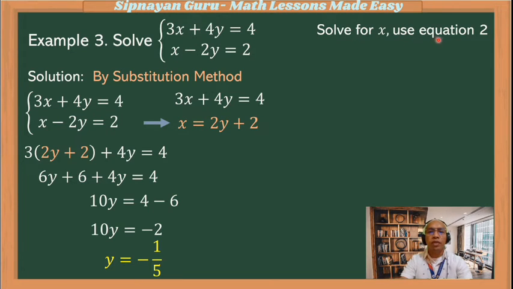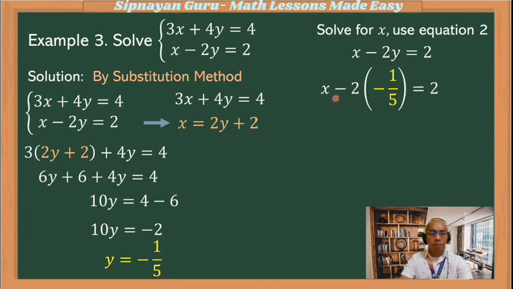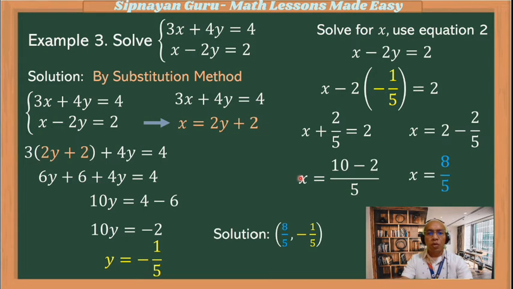Solve for x, use equation number 2. Substitute the value of y, which is negative 1 over 5. So negative 2 times negative 1 over 5 is positive 2 over 5, and that is equal to 2. So transpose positive 2 over 5 to the right side, so that would be negative 2 over 5. So x is equal to, the LCD of 1 and 5 is 5.